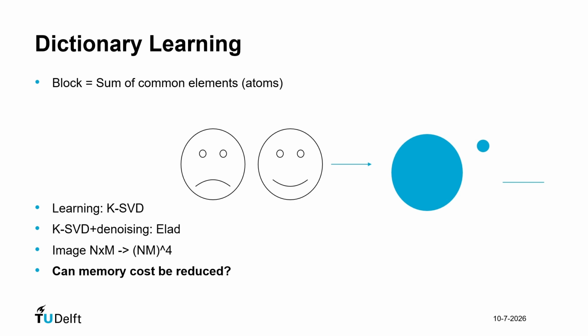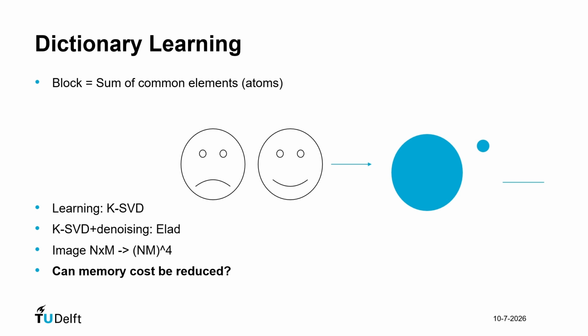And a common method for that is the K singular value decomposition method. And since we want to do image denoising, the original author of this method published a paper on specifically this algorithm applied to image denoising by Elad.